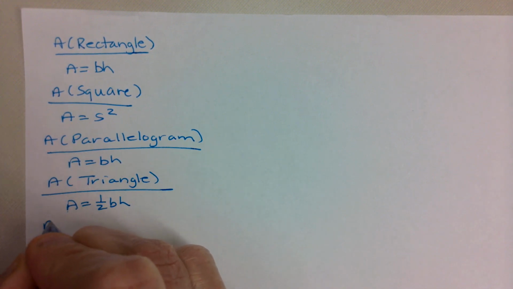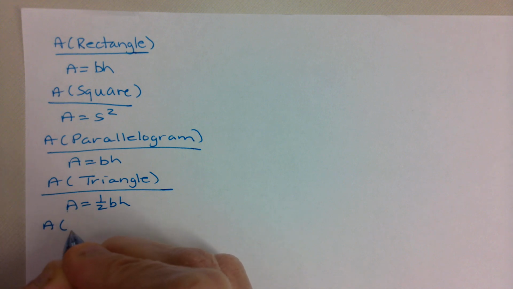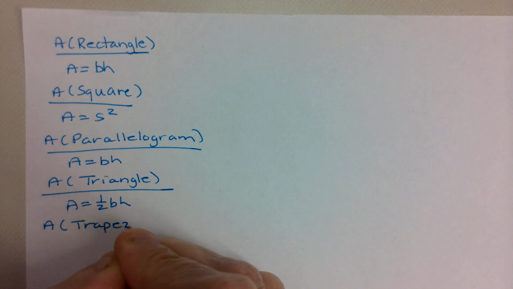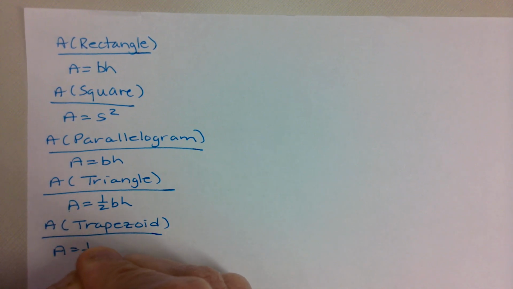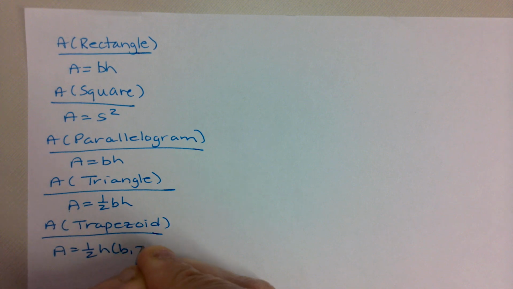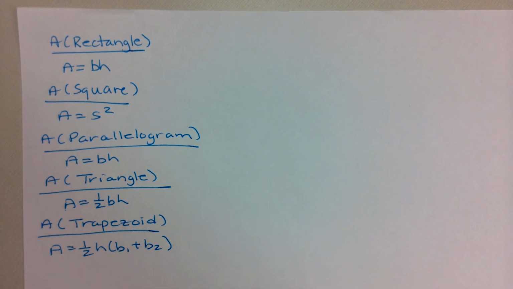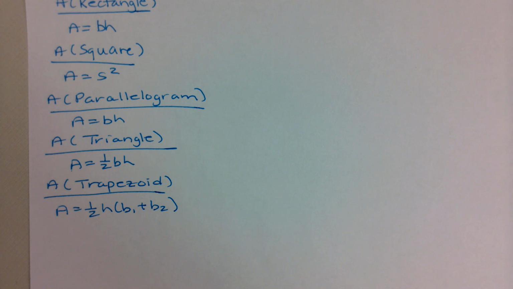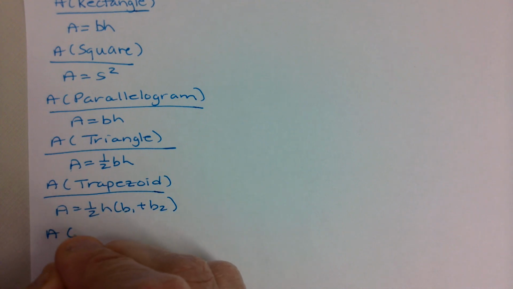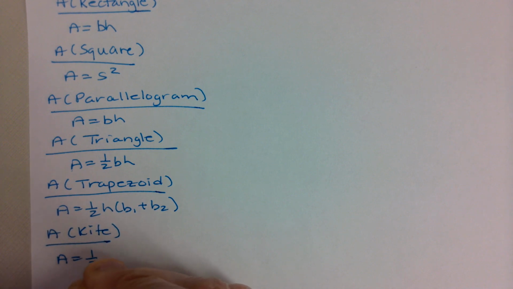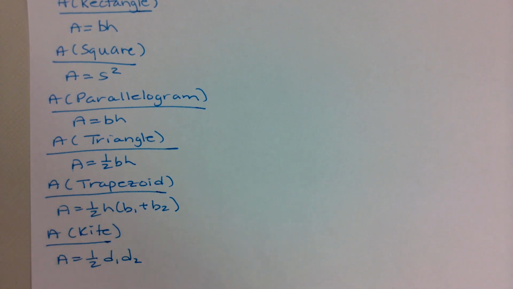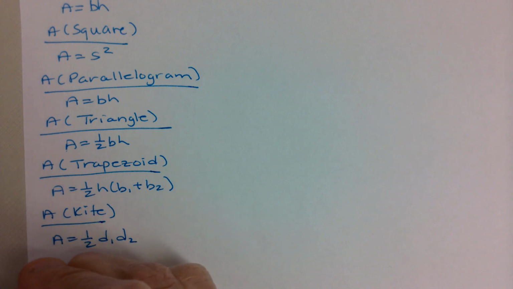Should have area of a, let's see, what else did we do? Trapezoid. Should have area of a kite. Should have area of a rhombus.